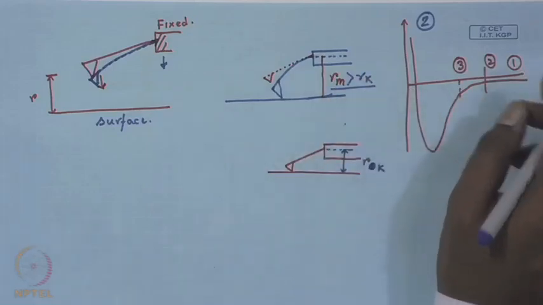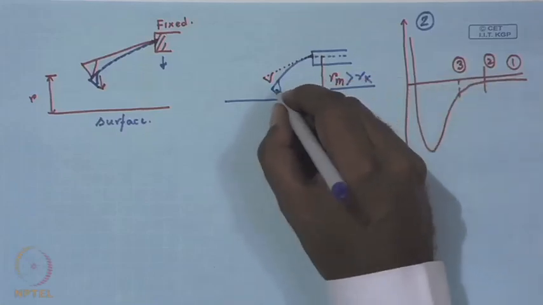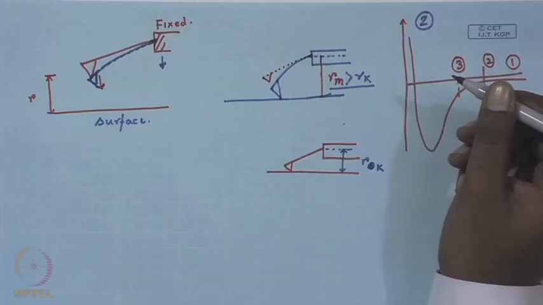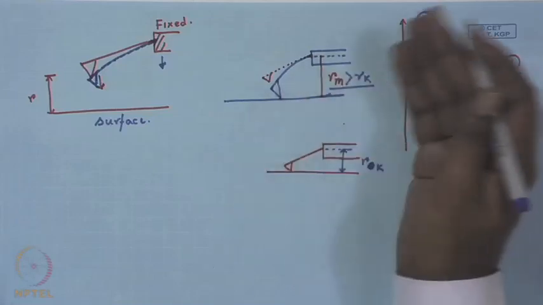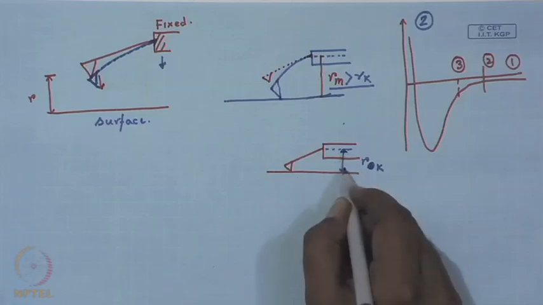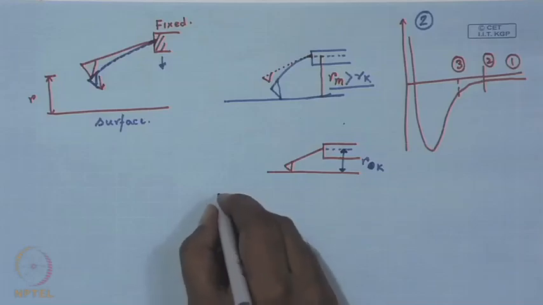So, what does it mean? It means that the tip of the cantilever has come in contact with the surface before it should have come into contact had there been no attraction. So, we will write it down quickly.